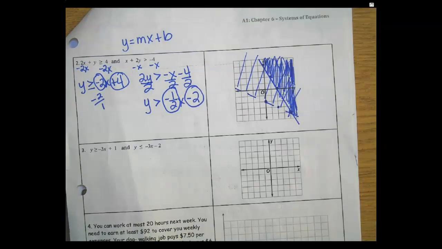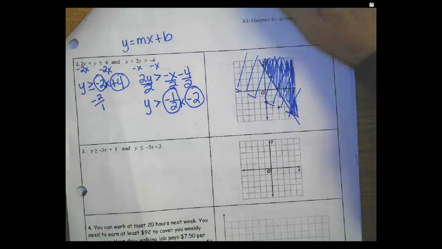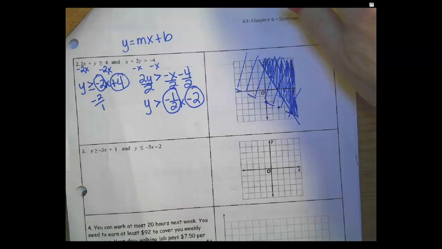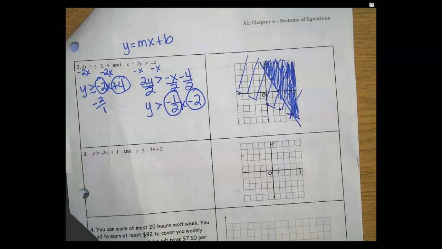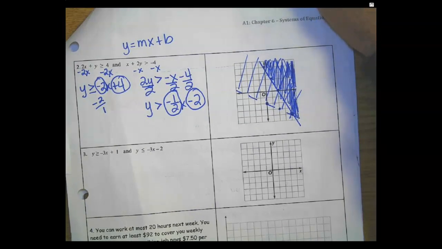Then you can type in negative 3x plus 1. On your next one, you're going to say y is less than or equal to negative 3x minus 2. You might have to grab your graph and drag it and look at it.